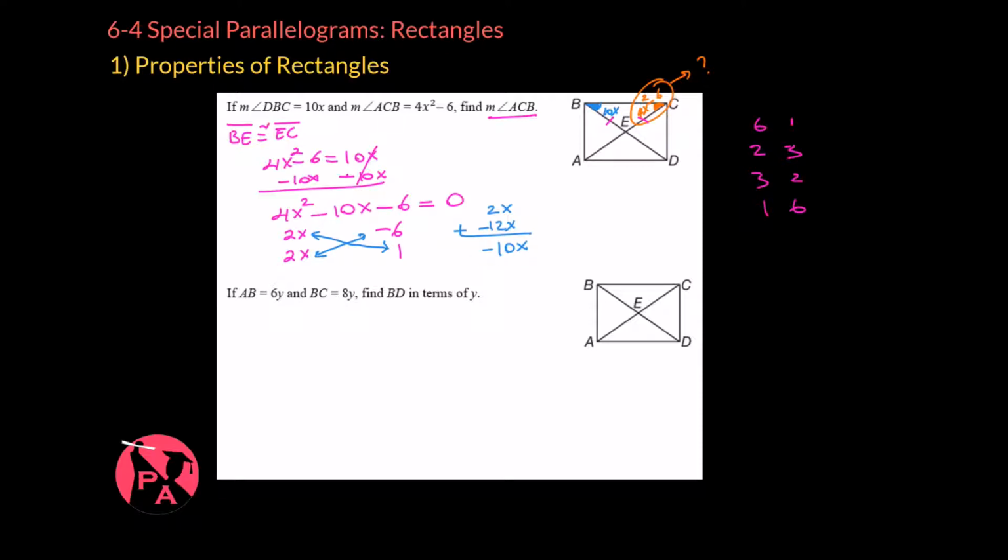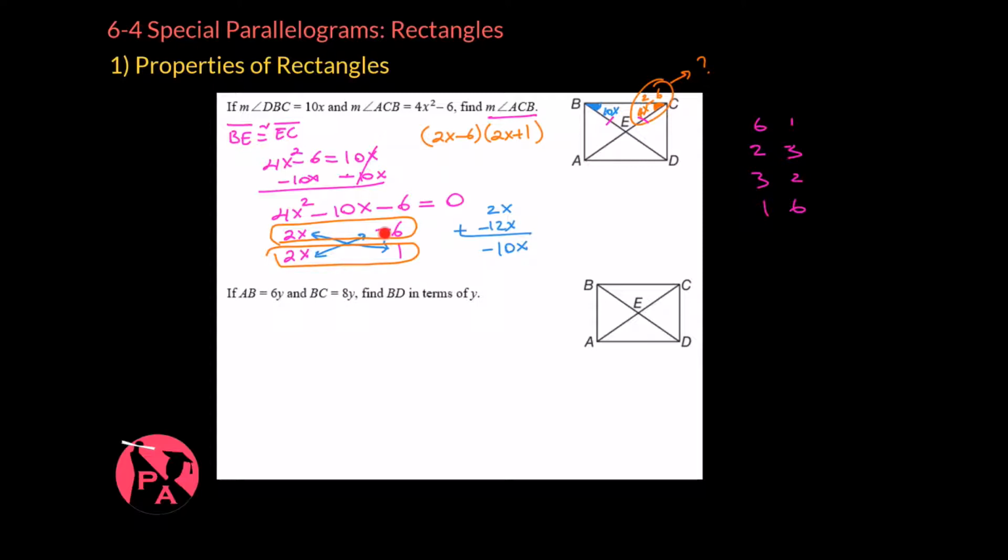That means I can pair the numbers and terms that are in the same line, like 2x and negative 6, 2x and positive 1. So I'm going to take them to the side and then write it over here: 2x minus 6 times 2x plus 1.